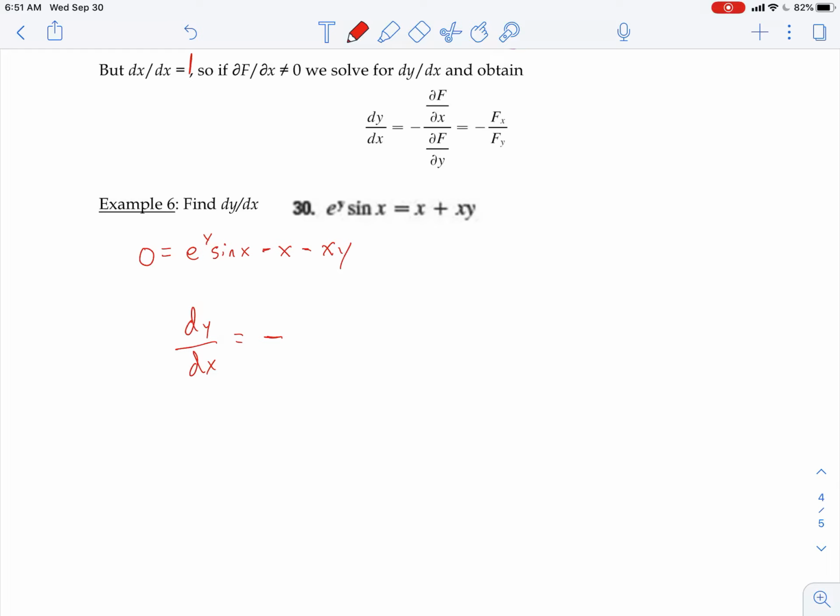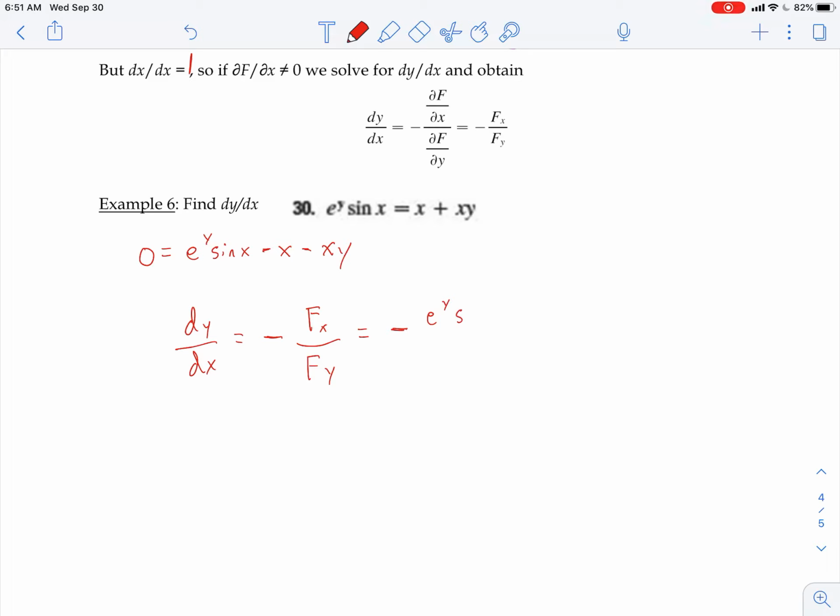And now we want to find dy over dx. So let's take negative the partial derivative of our function with respect to x. I'll write it out just because we have room.